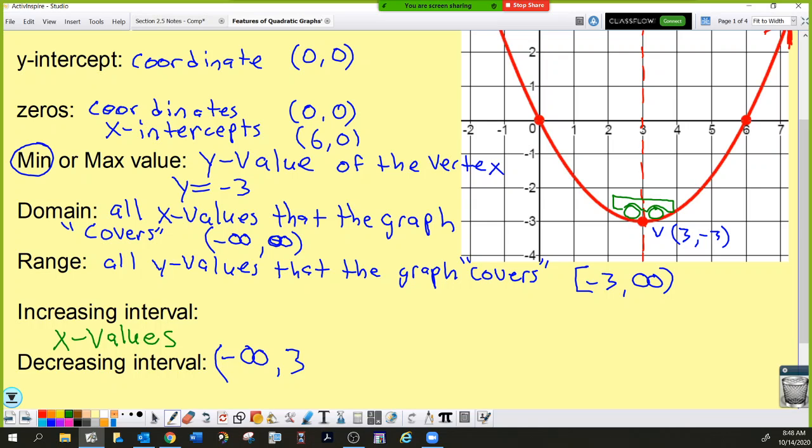Is this car rising, or is this car falling, or is it both, or is it neither? It's neither rising nor falling.